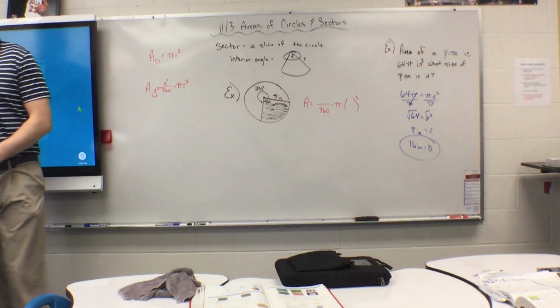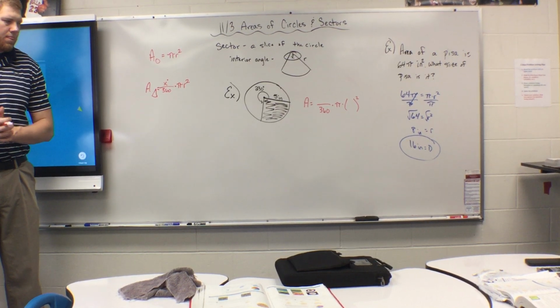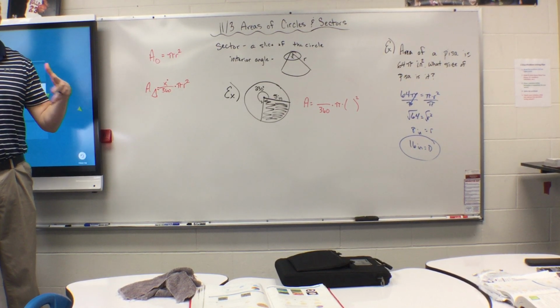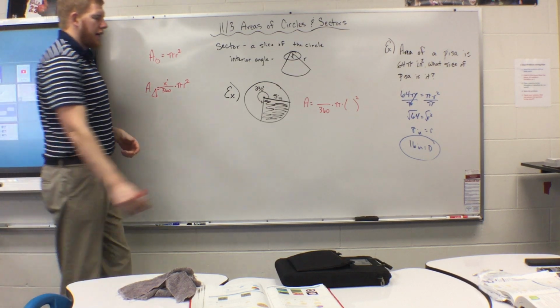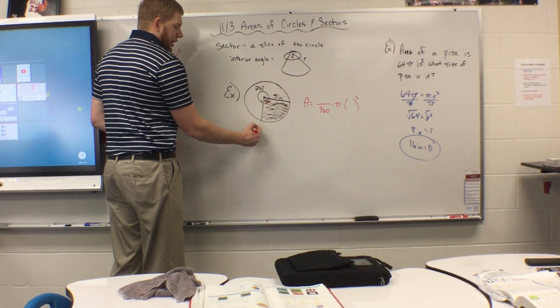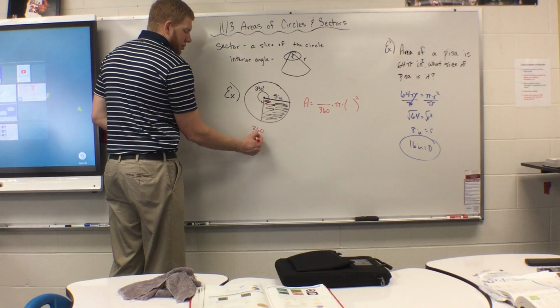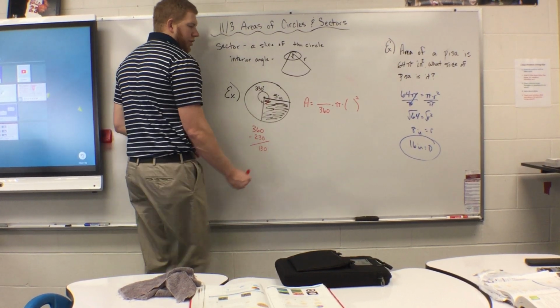What is our central angle going to be with this? We want to find the shaded region. 360 minus 230. All the way around would be 360. I'm trying to find this part, so I take 360 minus 230, and that gives us 130 degrees.